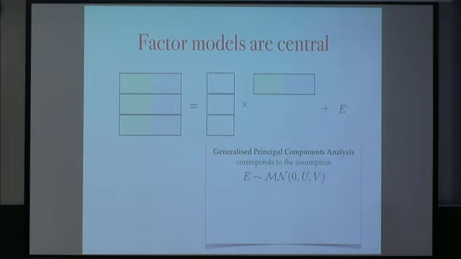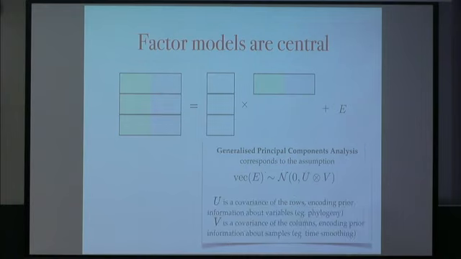Generalized principal components analysis uses a different distribution for the error, which allows the error to have some correlation between elements in different rows and different columns. The assumption of generalized principal components analysis is that this error is a matrix normal distribution. It's the same as saying that if you vectorize this matrix, you have a normal distribution, and the covariance is this Kronecker product of two covariances.